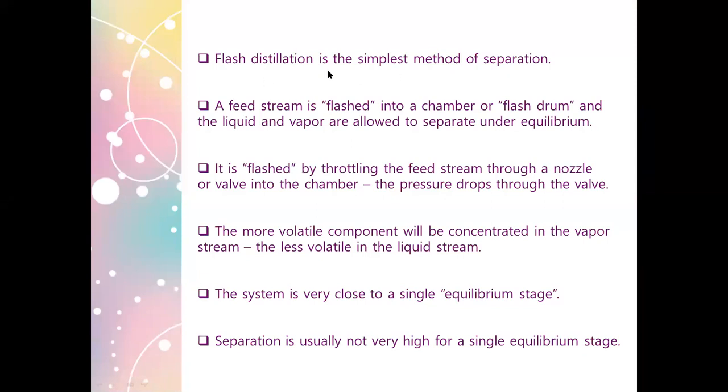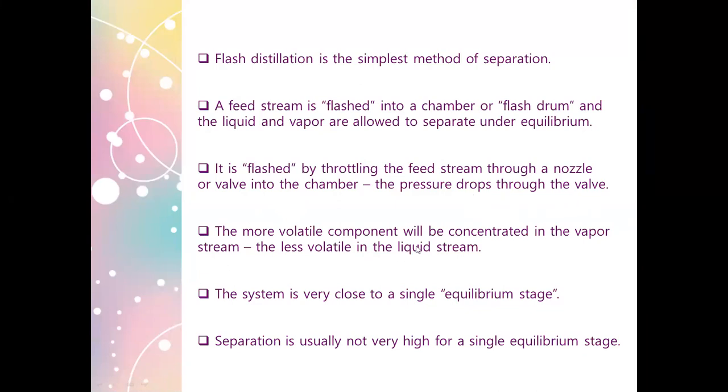Flash distillation is the simplest method of separation. If you compare it to the other distillation processes, this is the simplest. The feed stream is flashed into a chamber or flash drum, and the liquid and vapor are allowed to separate under equilibrium. It is flashed by throttling the feed stream through a nozzle or valve into the chamber, where the pressure drops through the valve.